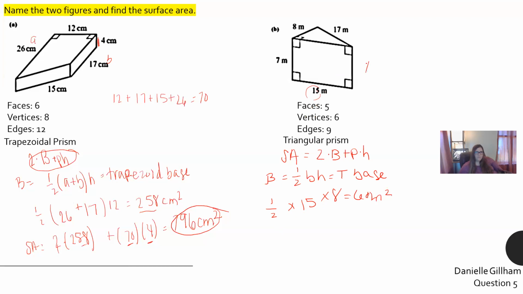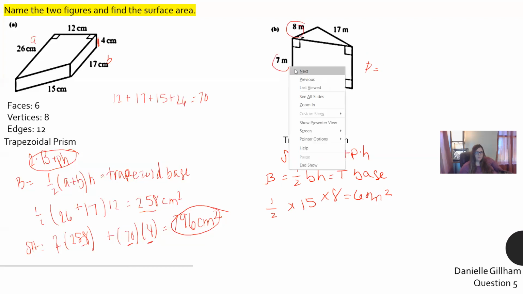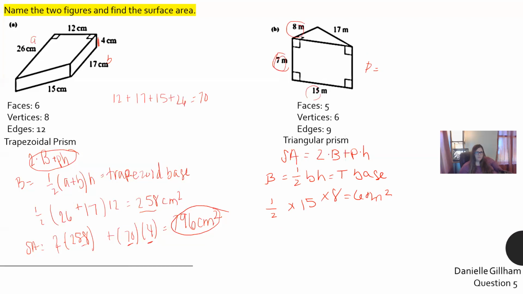Our perimeter is simply 8 plus 17 plus 15. And so that's going to give you 40 meters.